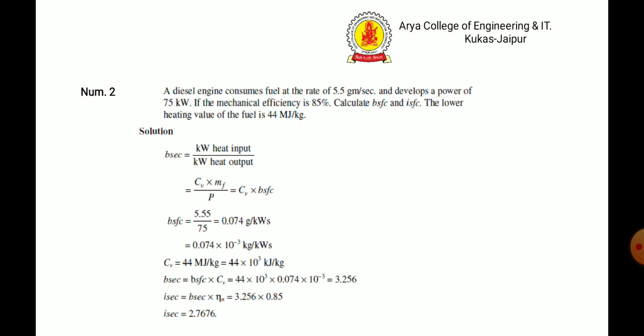So BSFC we can get 0.074 into 10 to the power minus 3 kilogram per kilowatt second, and by converting the calorific value, that is 44 megajoule per kilogram, into kilojoule per kg, and by putting in the expression of BSFC, we can get ISFC equal to 2.7676.